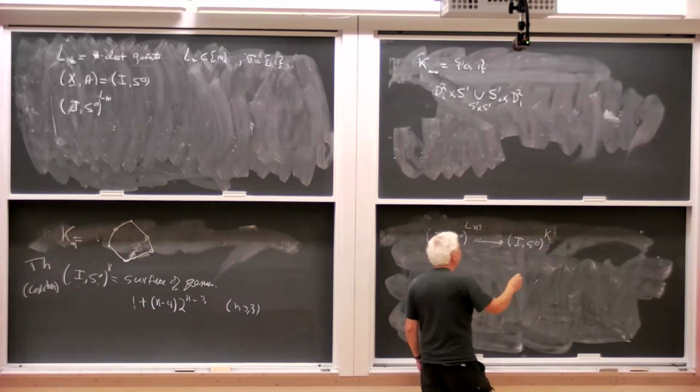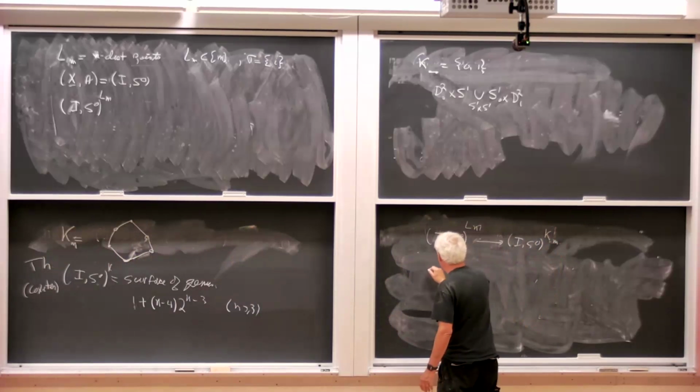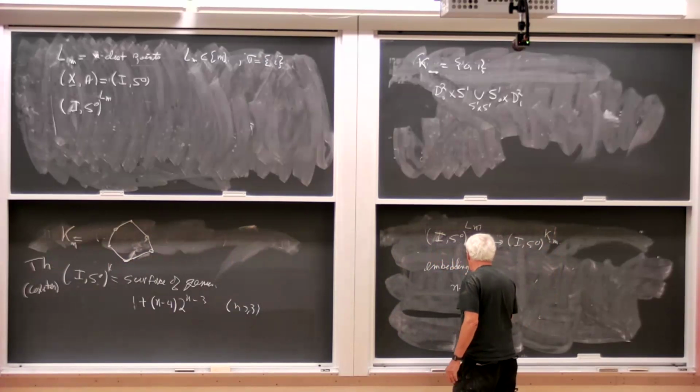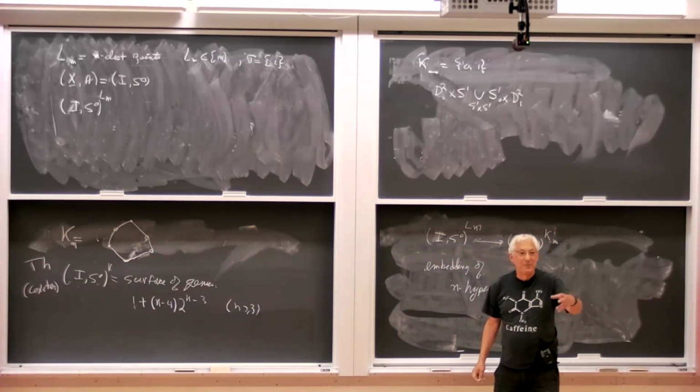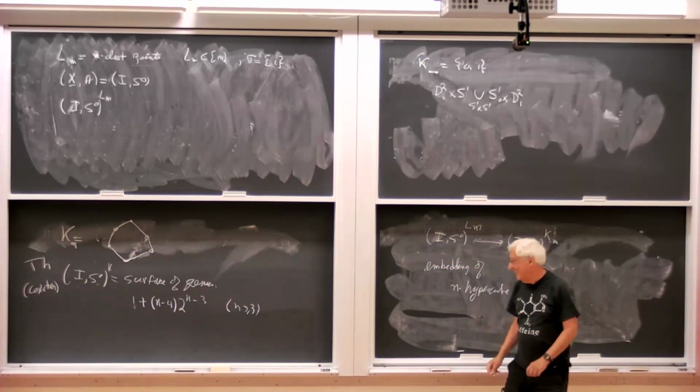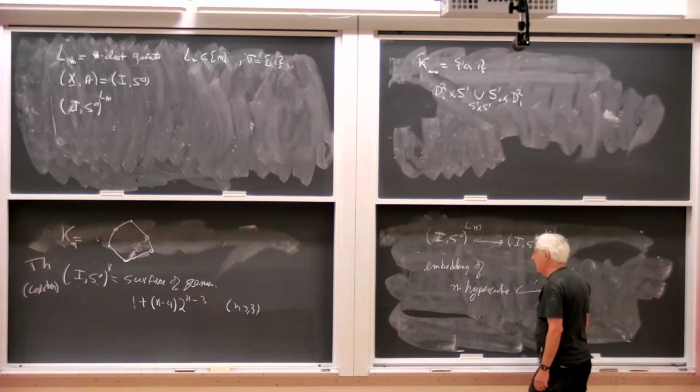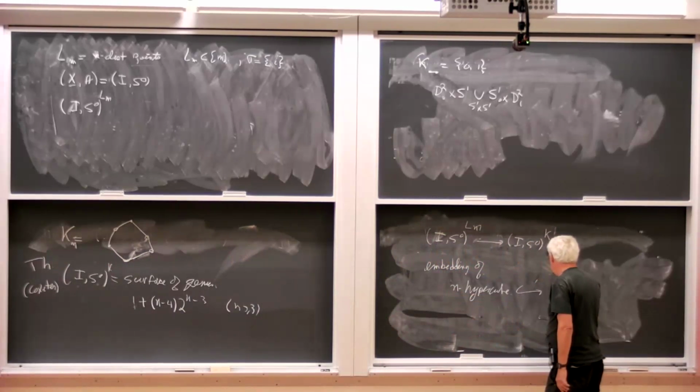By just including the vertices, I get an embedding of the one skeleton, let me not have to say the one skeleton all the time, but he's completely right, into a surface of that genus.